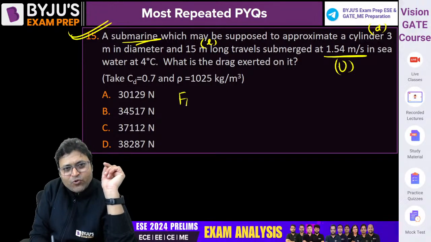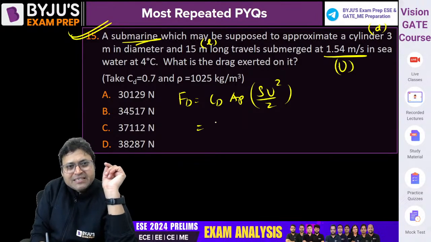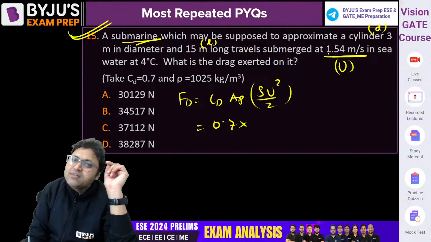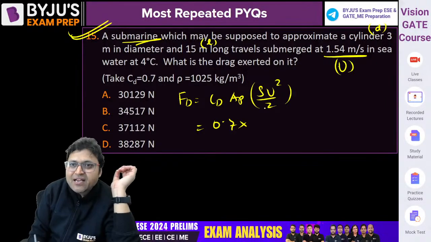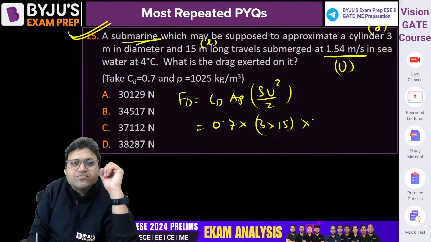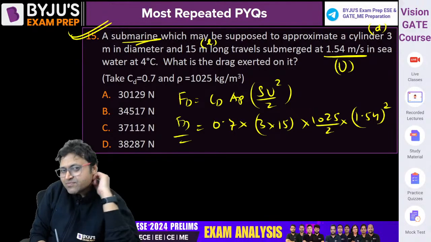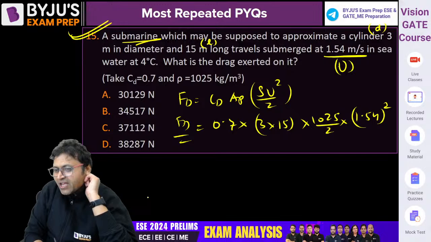So drag force will be equal to CD into projected area into rho u square by 2. Similar type of question. CD is 0.7 into projected area; the projection will be a rectangle. So 3 into 15 into rho, that is 1025 upon 2, into u square, 1.5 square. That will be the drag force. Can you do the calculation?